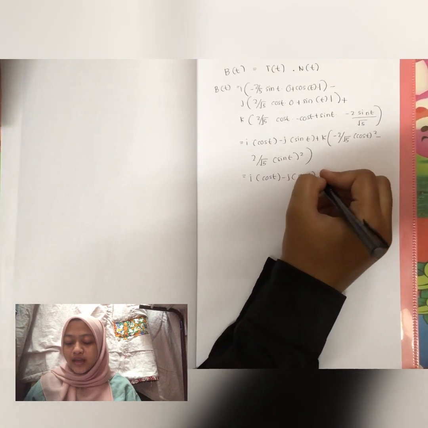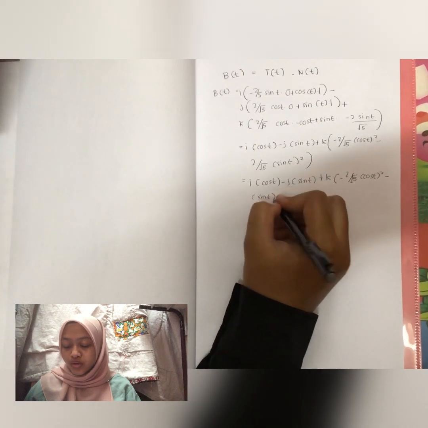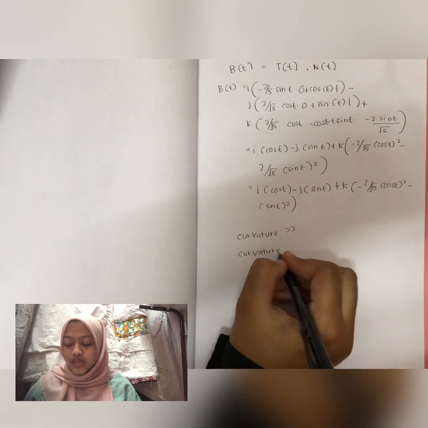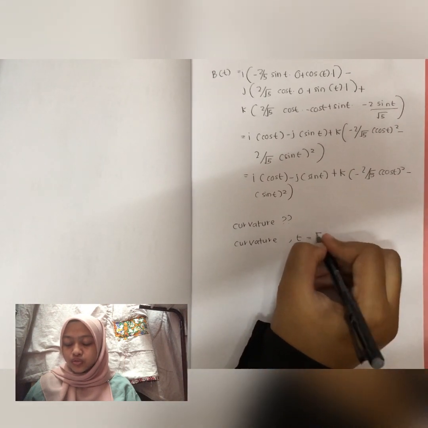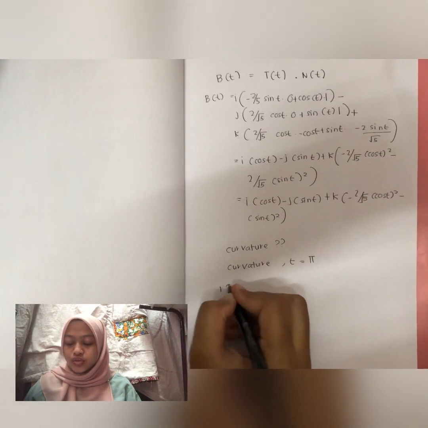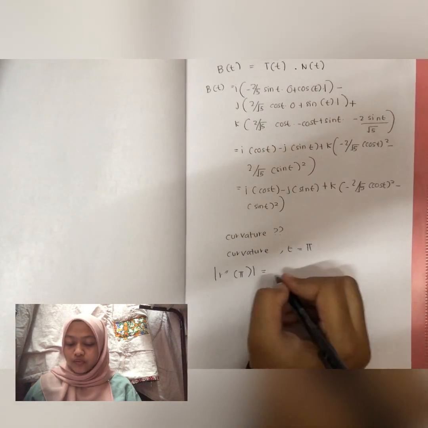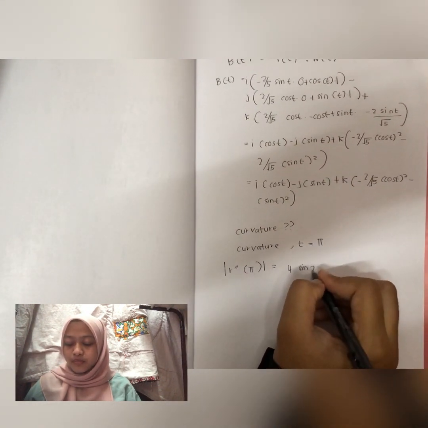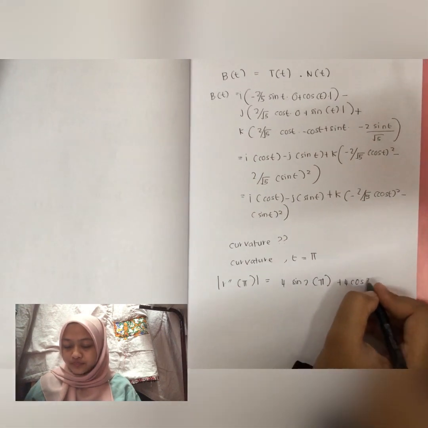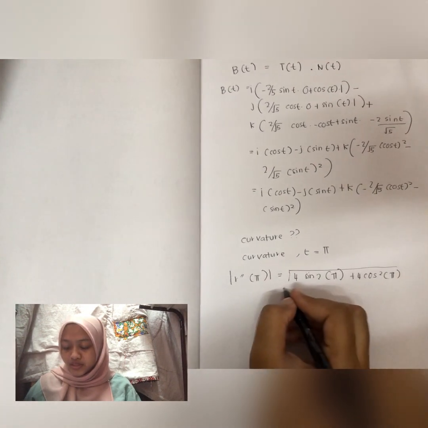So, the solution is i cos t minus j sin t plus k multiplied with negative 2 over 5 square root of 5 cos t squared minus sin t squared. So, the curvature at t equal to pi is the absolute value of r double prime pi, equal to square root of 4 sin squared pi plus 4 cos squared pi.